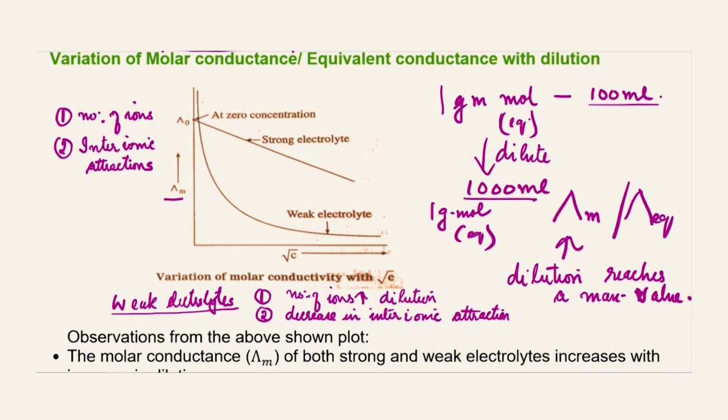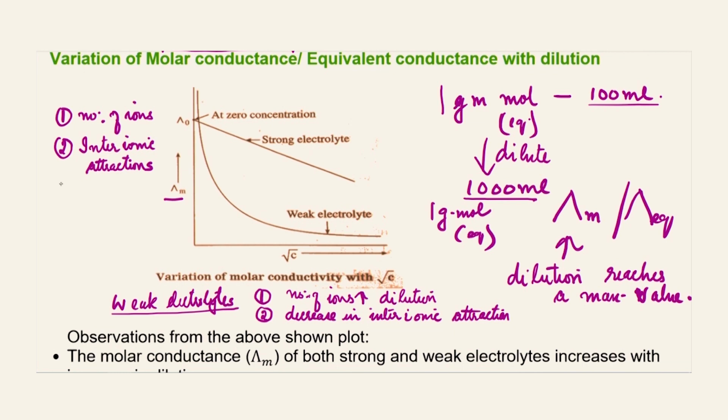That is the case where the interionic attractions are very much reduced and the whole of the electrolyte is completely ionized, and therefore it shows an abrupt increase. So, dilution of a weak electrolyte results in these two factors, which increase the molar conductance.